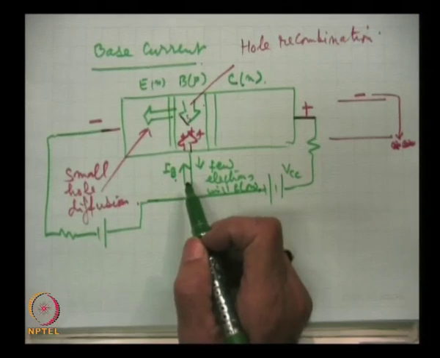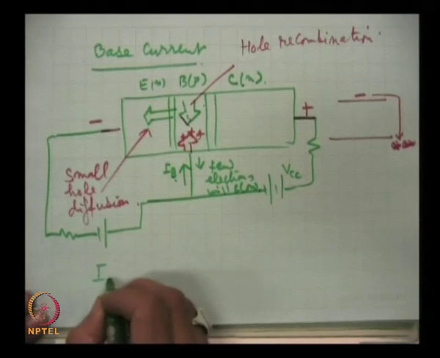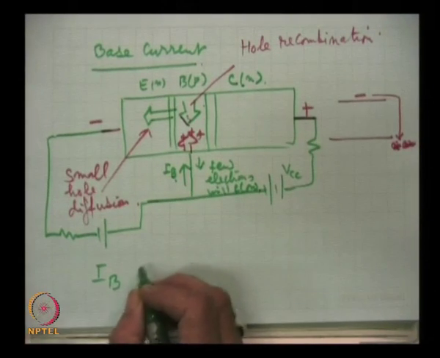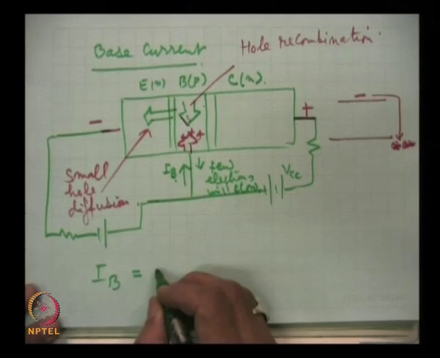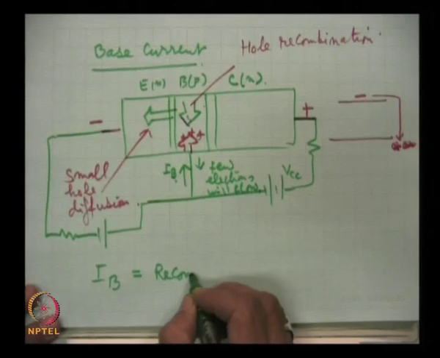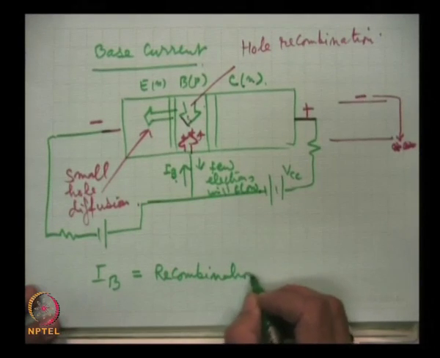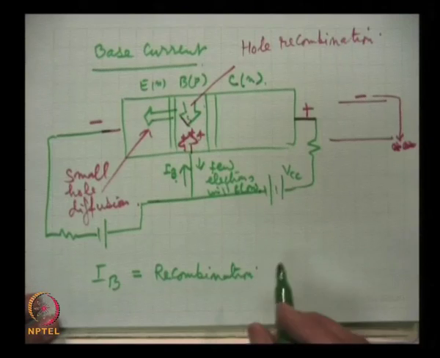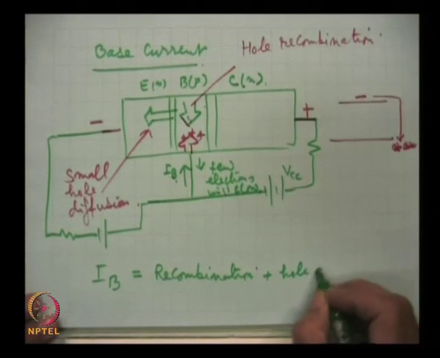So, the two components of the base current IB: one component is the recombination current, and partly the hole diffusion.